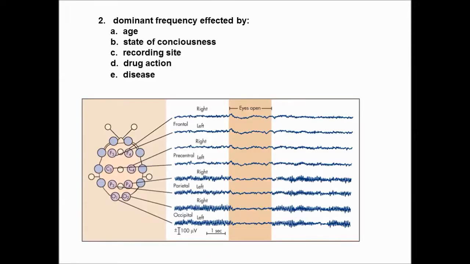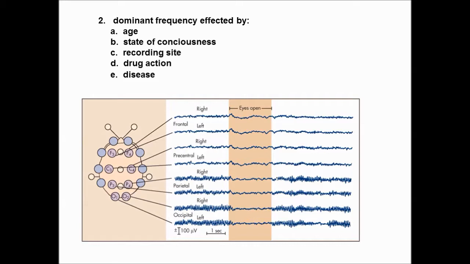So the frequency is affected by our age, and I'll go through that when I talk about the different frequencies, but definitely young folks have much slower wave patterns than we do as we age. Maybe their thought processes aren't as complex. Definitely how alert or how conscious we are, where the recording is.